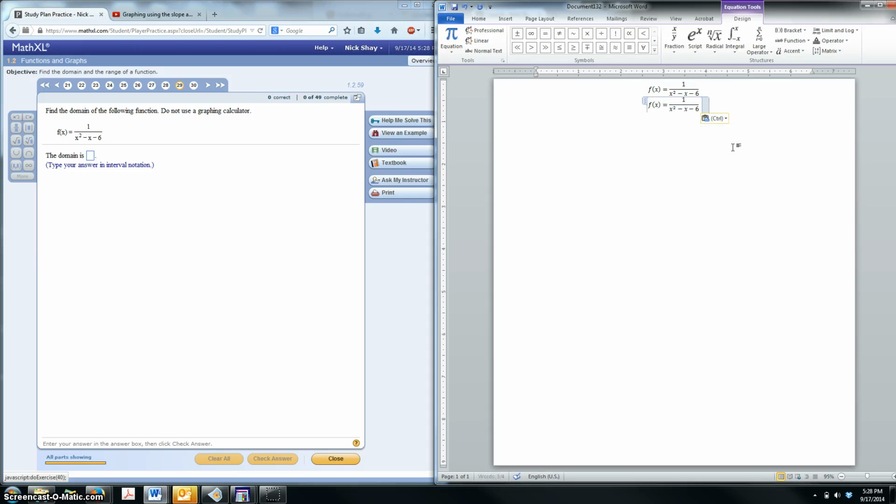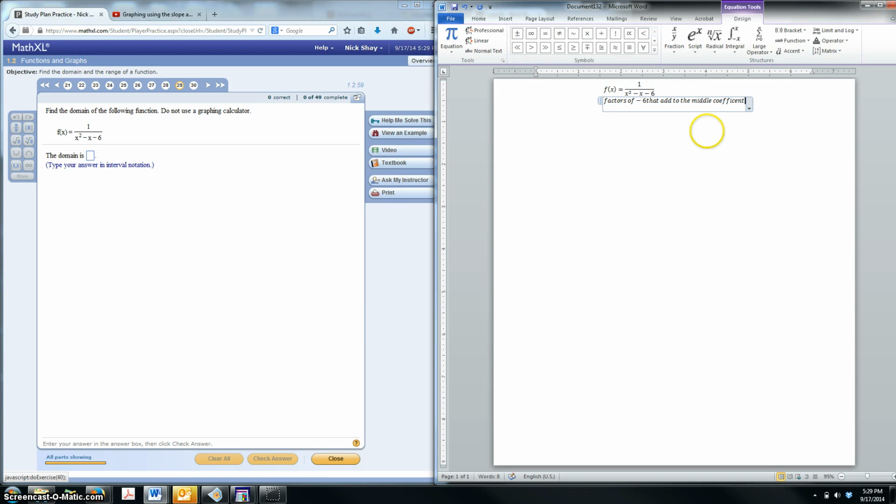So this problem, x squared minus x minus 6, we need to factor the denominator. To factor the denominator, we look for factors. If there's no number in front of x squared, which there's not, so there's no coefficient, we're just going to look at the last number, negative 6, and we want to find factors of negative 6 that add to the middle number.